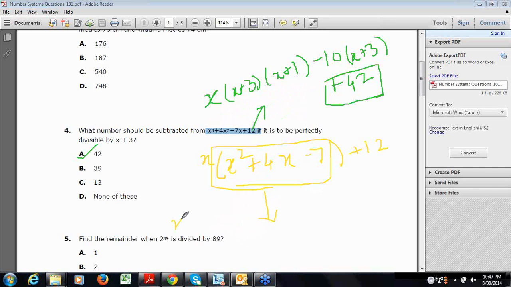So you can write x square plus 3x plus x minus 7 plus 12.